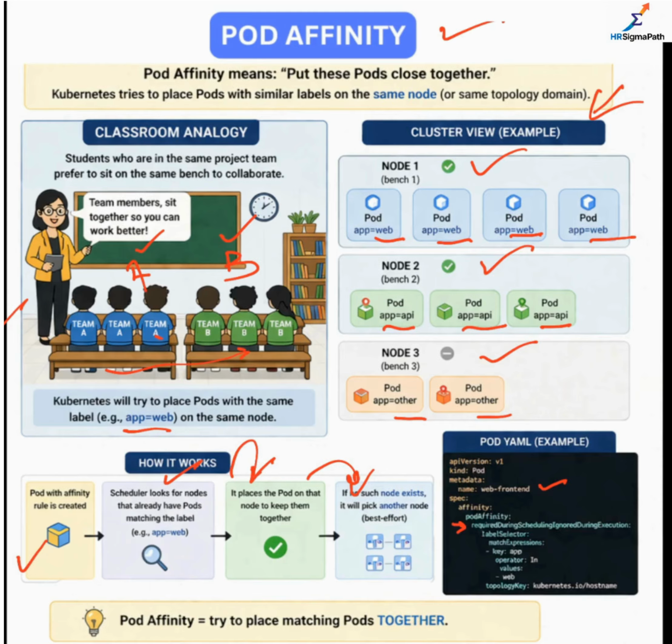We also define something called a topology key, which is written here, and which usually means the same node. In simple terms we are telling Kubernetes, place this pod on the node where similar pods already exist. So pod affinity means keeping related pods together on the same node. This improves communication and performance and makes your application work more efficiently.